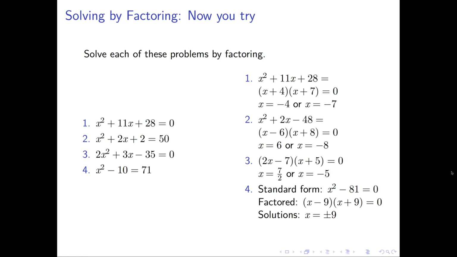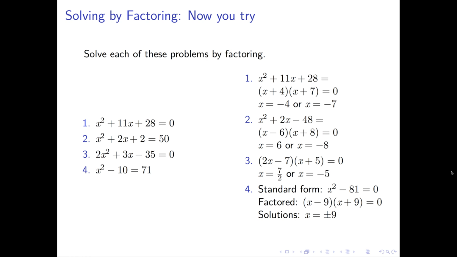And then you get x squared plus 2x minus 48. And that can be factored into x minus 6 times x plus 8. And then the solutions are 6 and negative 8. The third one can be factored into 2x minus 7 times x plus 5. And you can see that the solutions there are 7 halves and negative 5.